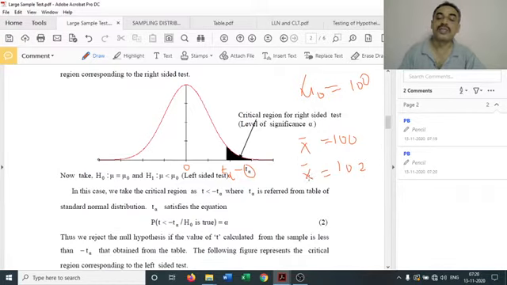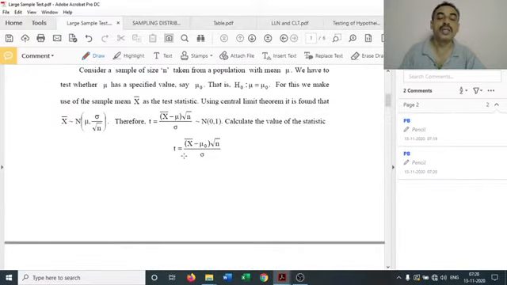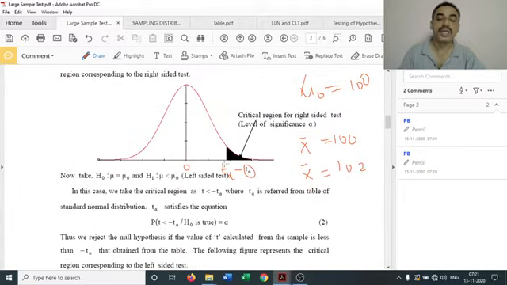So there is one T value corresponding to 102, and that T value corresponding to 102 is computed using the equation T equals (x bar minus mu 0) root n by sigma. So we will substitute 102 here, 100 here, the sample size, and the known value of sigma. Using that we can generate a value of T, and if that value of T lies in the margin between 0 and T alpha, we will accept.